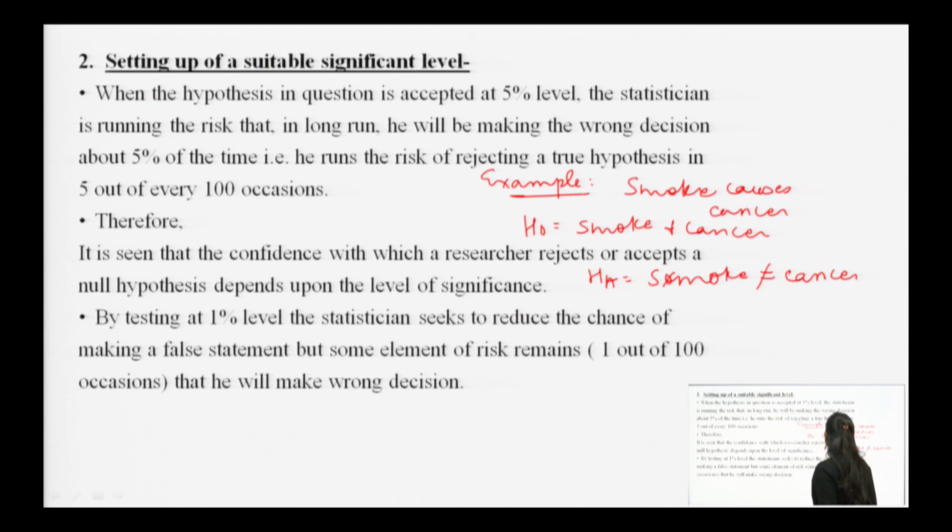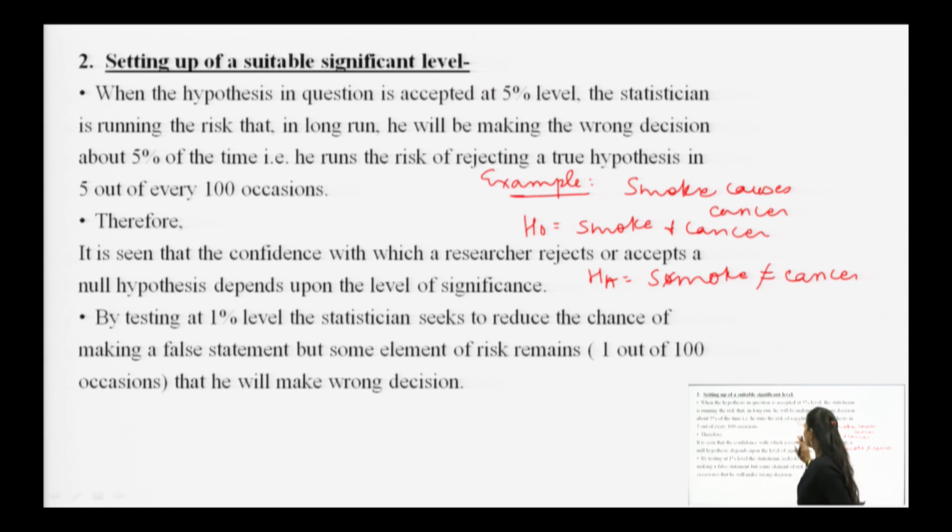So, if I know my null hypothesis is going to be rejected and still accept it, I am making a mistake here, because there is only a 1% chance that it is supposed to be accepted. When we are talking about the 1% level of significance, there is only a 1% chance that I am taking a wrong decision out of 100 chances.